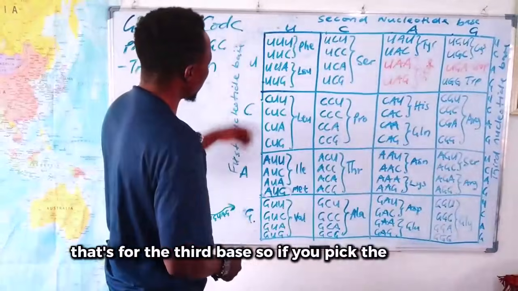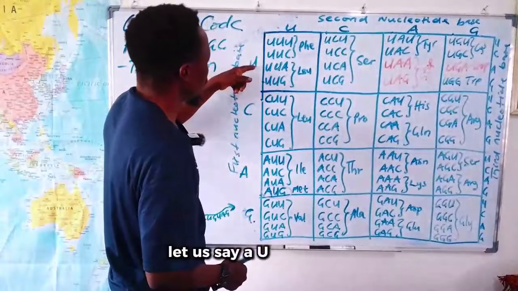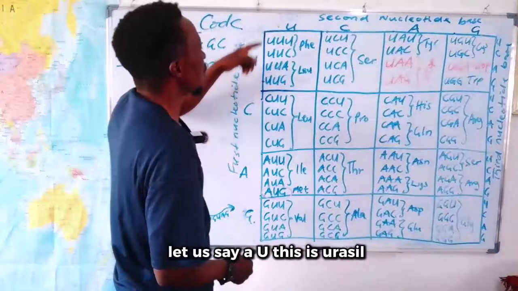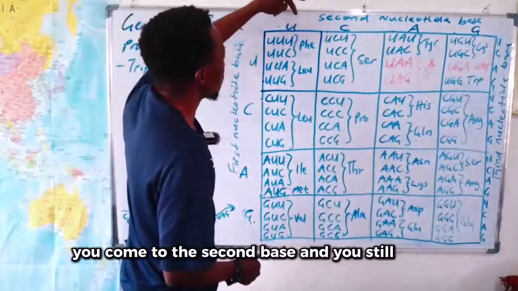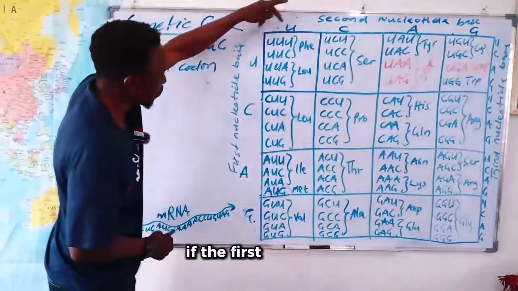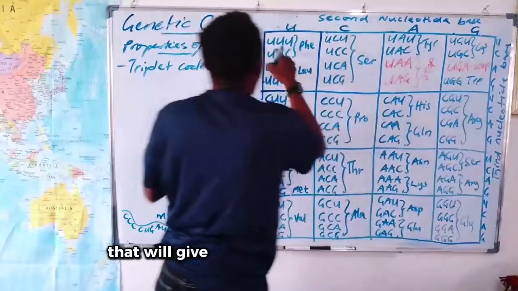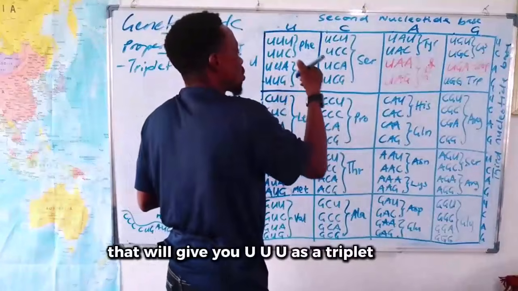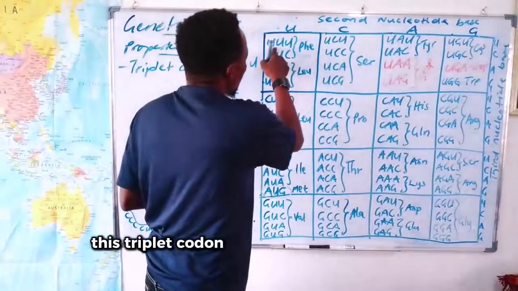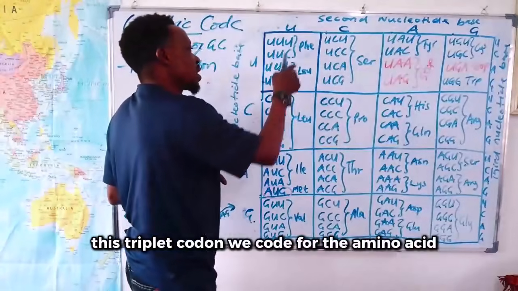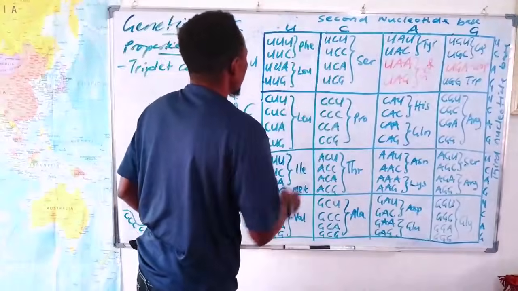So if you pick the first base, let us say a U, this is uracil, you come to the second base and you still pick a U. If the first base is a U, the second base is a U, and the third base is a U, that will give you UUU as a triplet codon. This triplet codon will code for the amino acid phenylalanine.